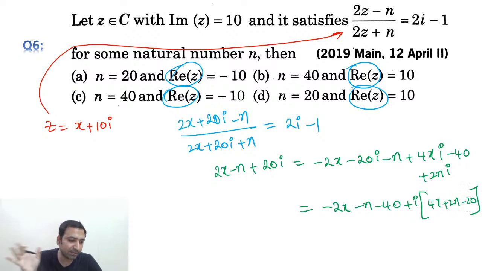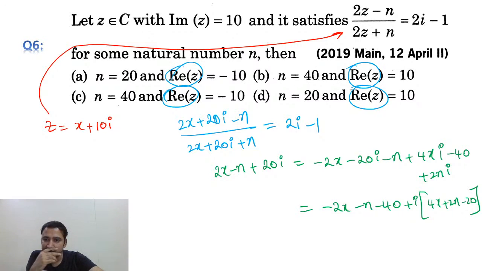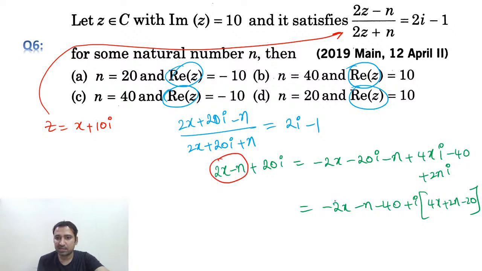So now compare real parts and imaginary parts. You just need to compare real parts and imaginary parts. What is it, guys? Two equations we are getting. If you compare real parts and imaginary parts, real part should be equal to real part.